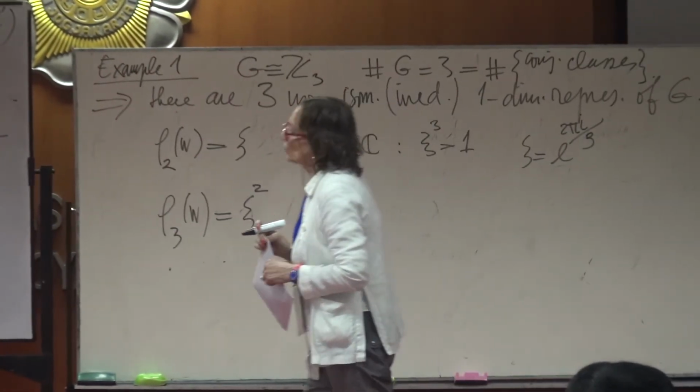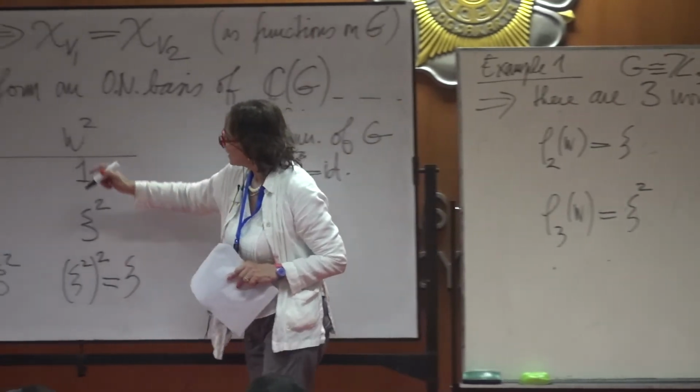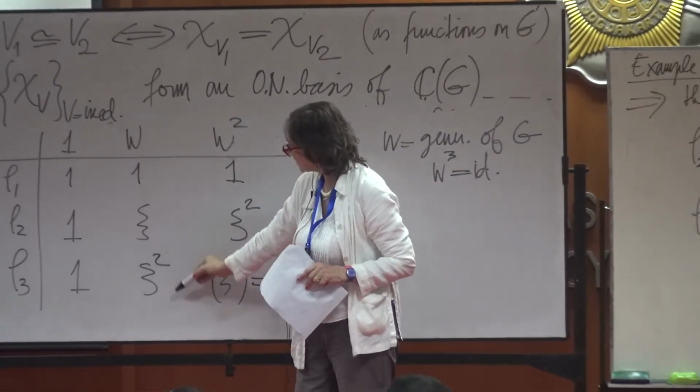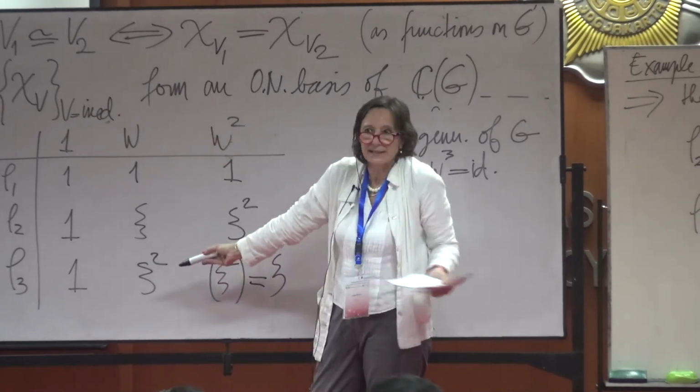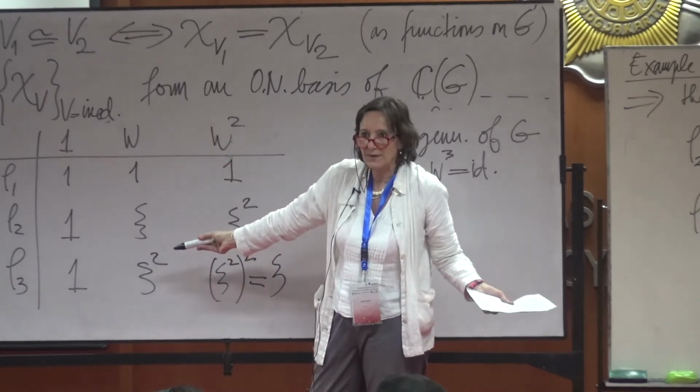And from this table, we can see, for example, that these 3 representations are not equivalent. You see, the 3 characters are different, at least on the generator of the group.